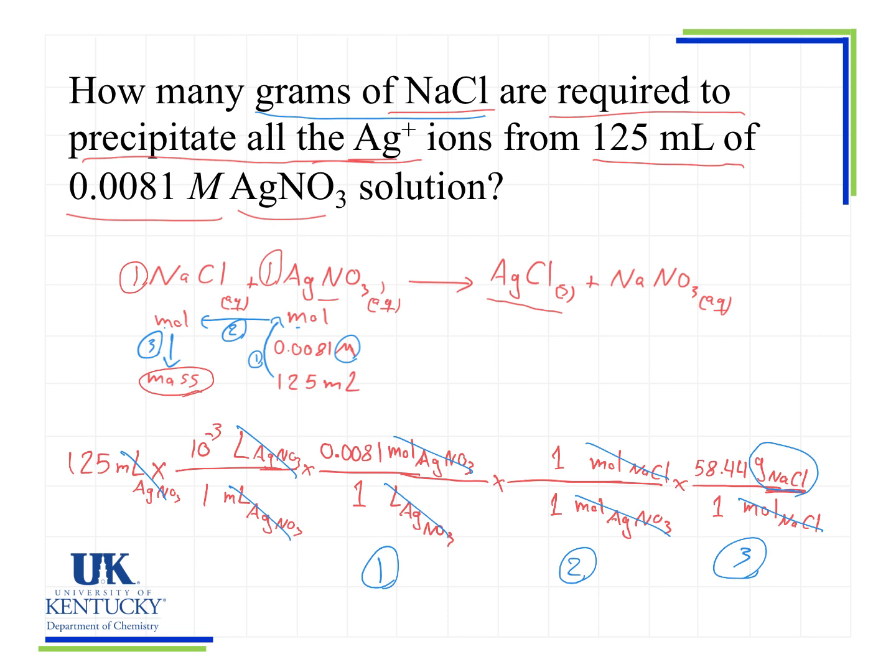So the rest is just putting these numbers in the calculator, and the number you get is 0.059 gram of sodium chloride. So in order to precipitate all the silver ions in 125 milliliter of this concentration of the silver nitrate, you need to weigh out 0.059 gram of sodium chloride and make a solution out of it and mix it with silver nitrate.